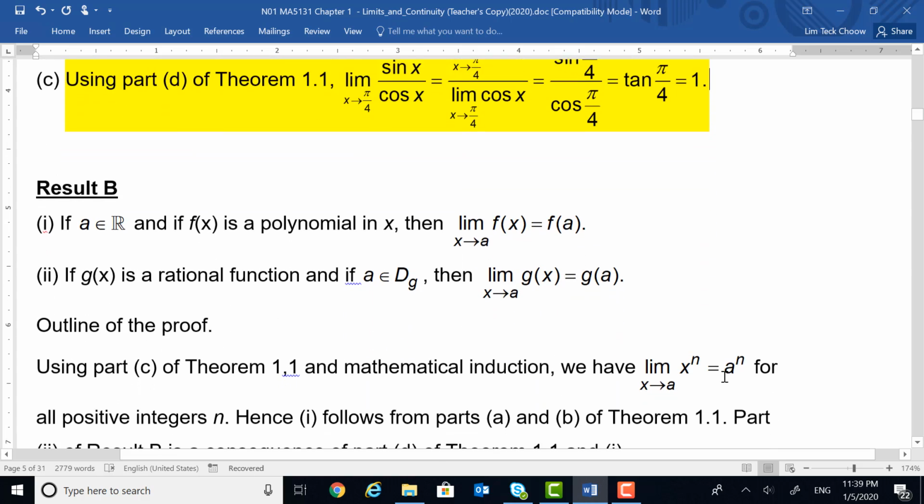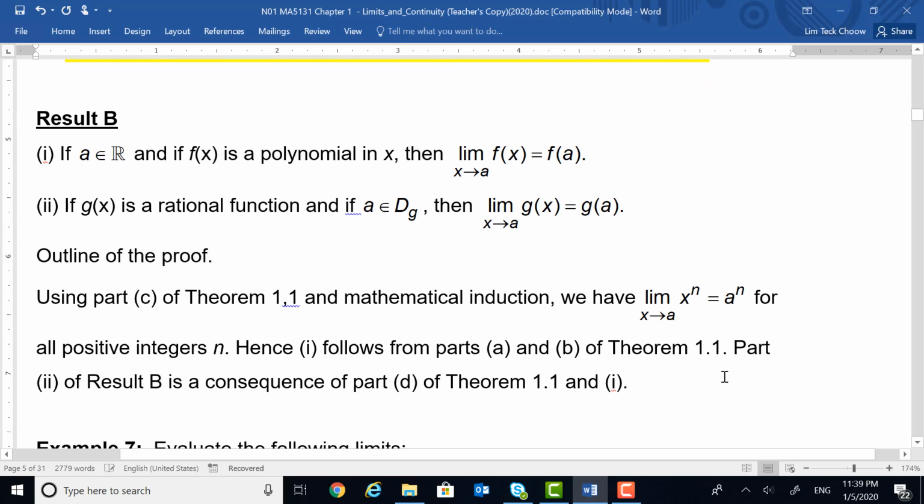Now we want to introduce to you some other important results. In part 1 of result B, it says if the function f(x) is a polynomial. Now you want to know that polynomial is quite special. It is something like a0 plus a1x plus a2x squared plus a3x cubed, and so on and so forth.